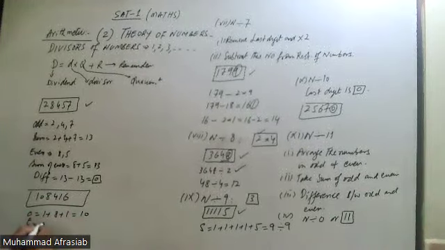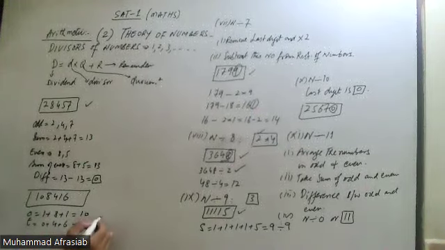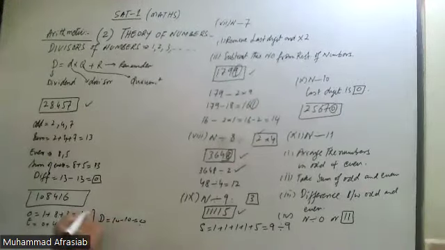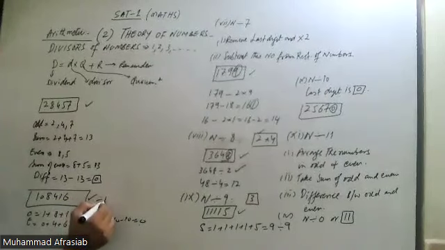Even is 0 plus 4 plus 6, that is equal to 10. Since the difference of these two is 10 minus 10, that is equal to 0, this number is also divisible by 11.